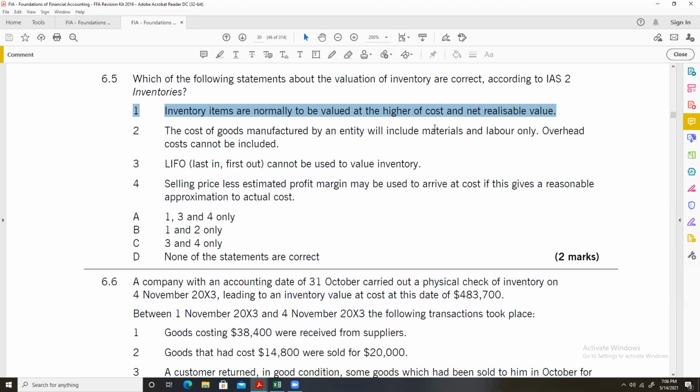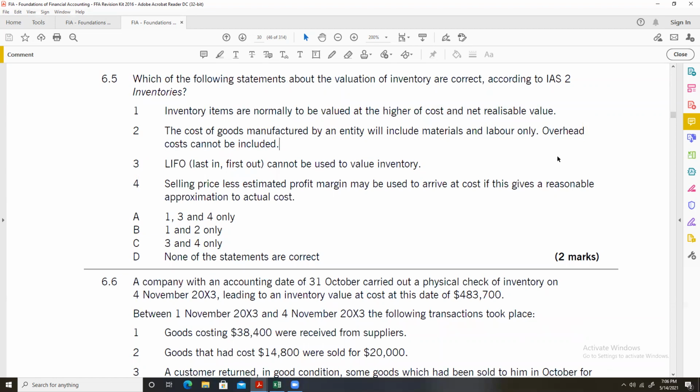The cost of goods manufactured by an entity will include materials and labor only. Overhead costs cannot be included. No. In fact, IAS 2 emphasizes that overheads should be made a part of the value of inventory.